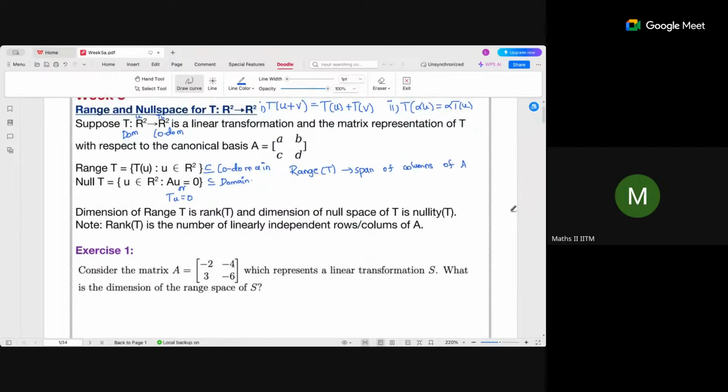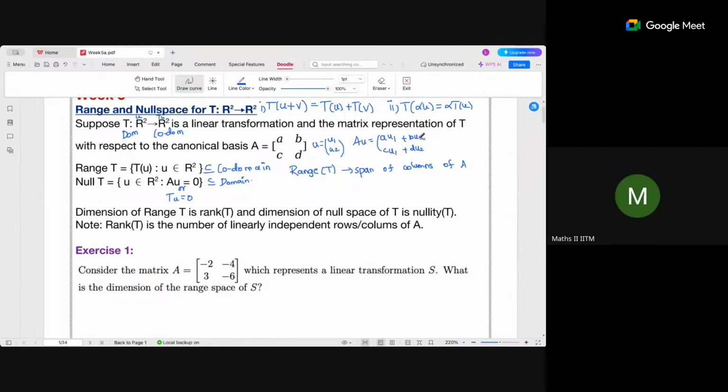So instead of TU, suppose you had AU, then what will you get? Let us say U is equal to (U1, U2). Now, what is AU? Multiply and tell me. AU1 plus BU2 and CU1 plus DU2.